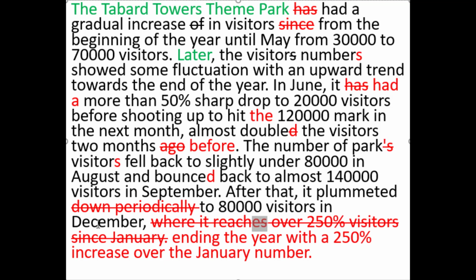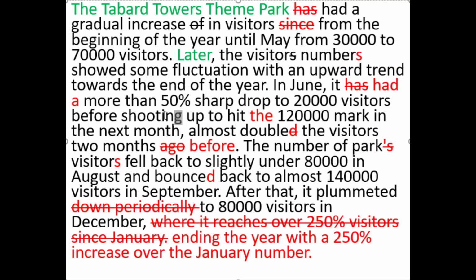So my suggestion would be, instead of this, let's use this participial phrase here, ending the year with a 250% increase over the January number, because it refers to the number. So we are talking about two things, the plummeting and the ending the year, two things that happen to the same subject, one after another. So then with our second verb, we can add the ing, just like the writer did.